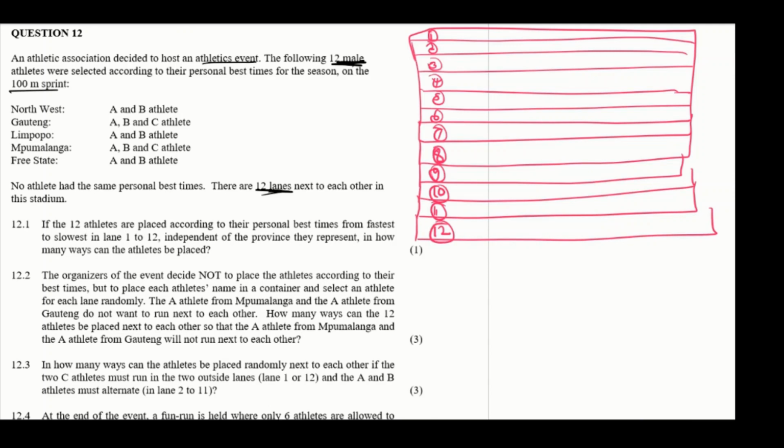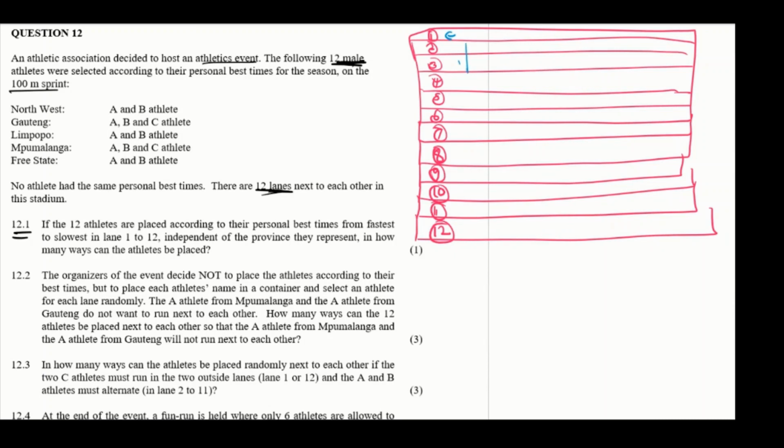Please visualize. Question 12.1: if the 12 athletes are placed according to their personal best times from fastest to slowest in lane 1 to 12, for example, in lane 1 we have the fastest athlete.